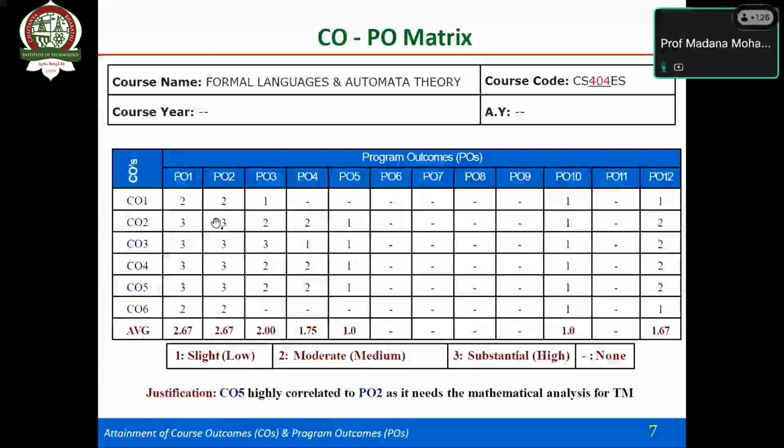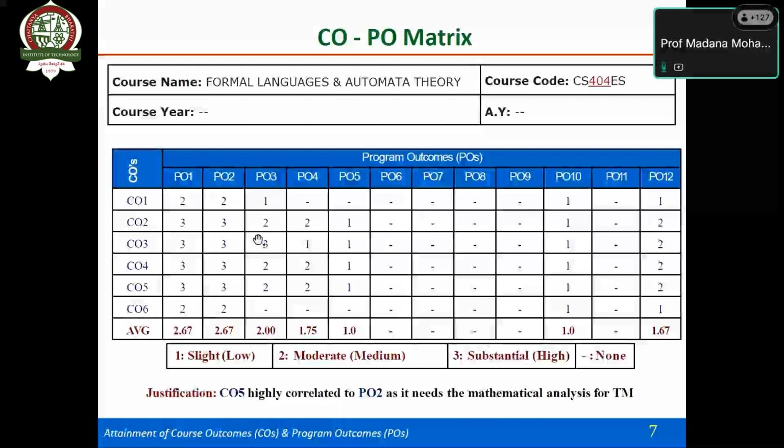If a particular CO is not at all related to any PO, simply put a single hyphen, meaning none. As per the Washington Accord, even our OBE, NBA guidelines, these values only we have to use.